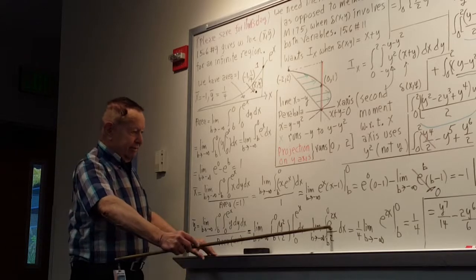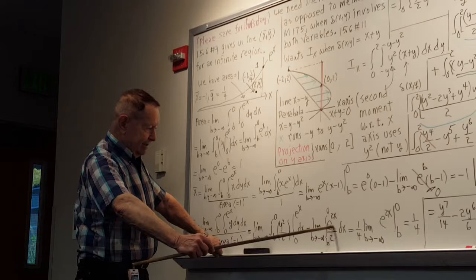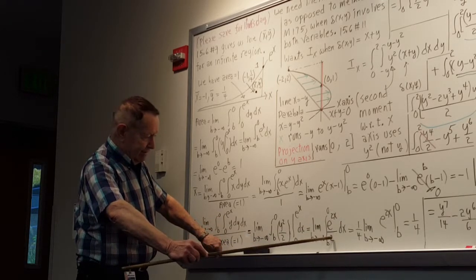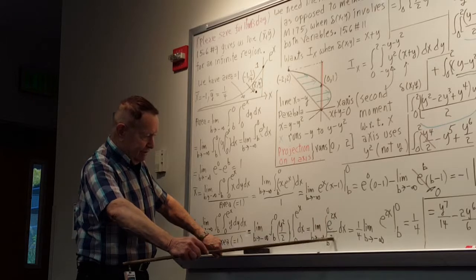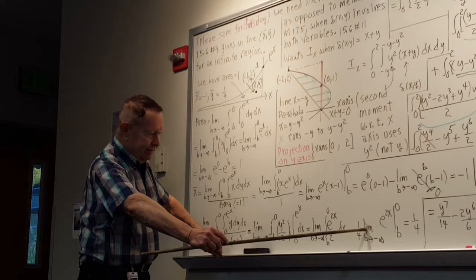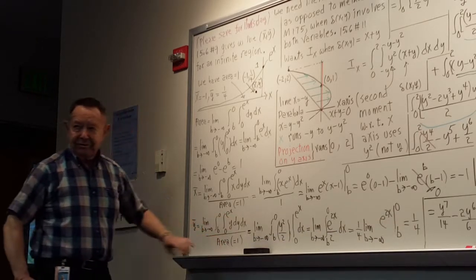And then you integrate e to the 2x, and you get e to the 2x over 2. So you have this 2, and you get another 2 in the denominator when you integrate. So you have 1/4, and then this limit, which is just 1/4.